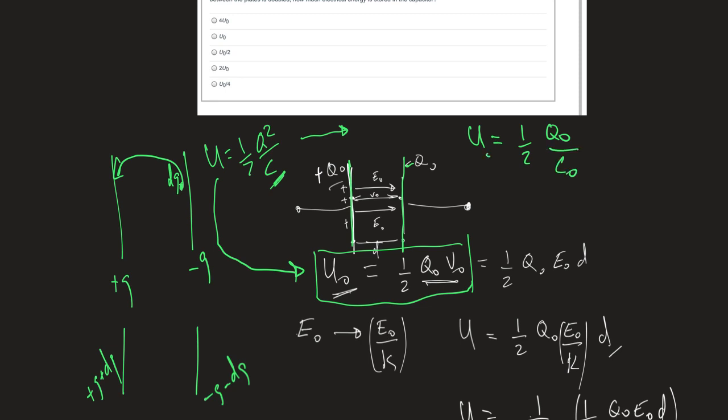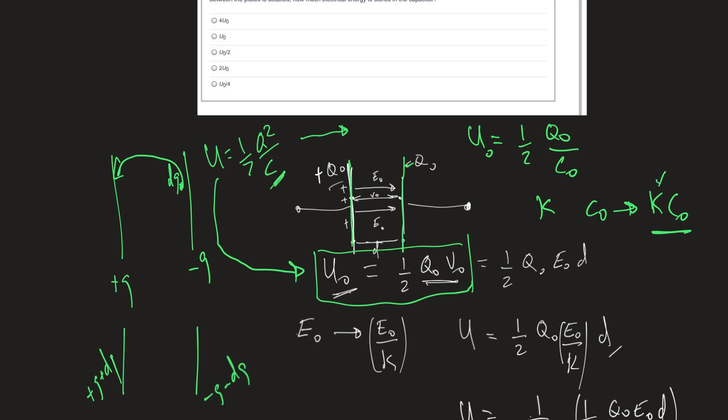Now, this is the energy that is stored initially. When you insert the dielectric, a substance with dielectric constant K, what happens to the capacitance? The capacitance goes from C0 to K times C0. The capacitance increases by a factor of K.